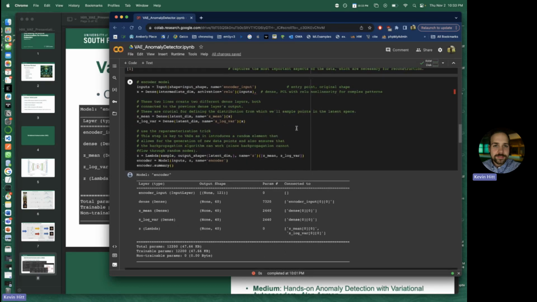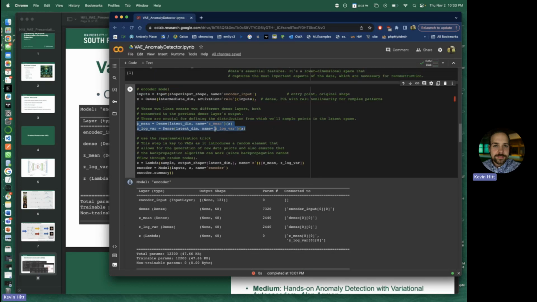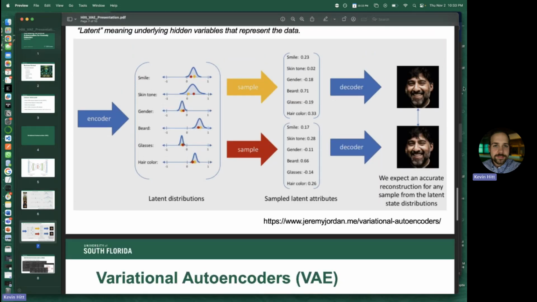So here we define our encoder model, where we have the inputs, the entry point of our data, moving into the dense layer, which is the fully connected layer, where ReLU is used as the activation function to introduce some nonlinearity. These next two layers are crucial for the VAE model, and it's going to introduce a z-mean and the z-log variance definitions here in order to define the distribution with these continuous values.